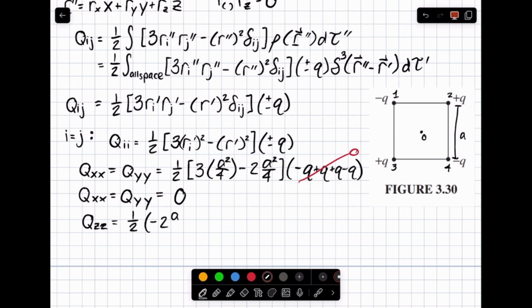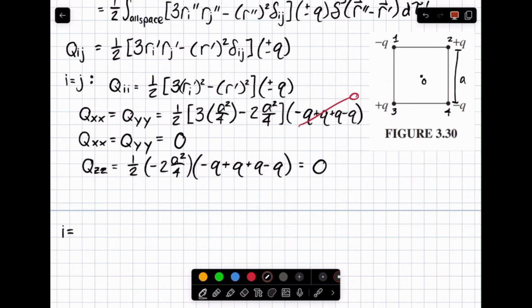So I still have that magnitude of r prime squared. And again, this term is the same for all point charges. So I'm going to add them up at the end here. And again, that equals 0.